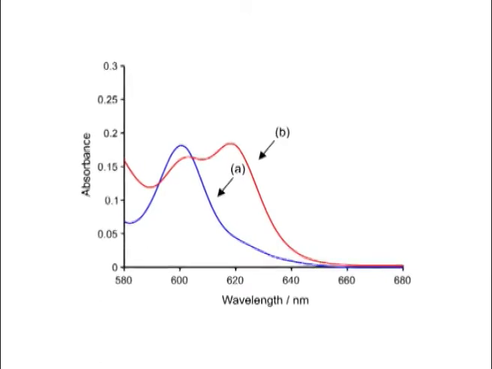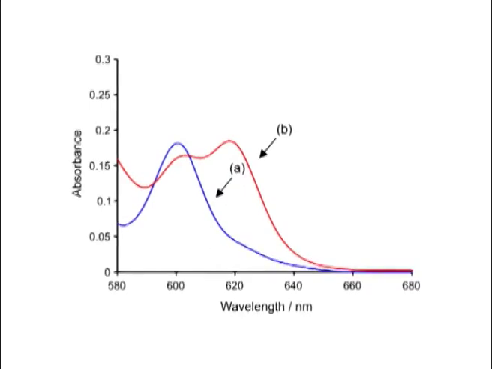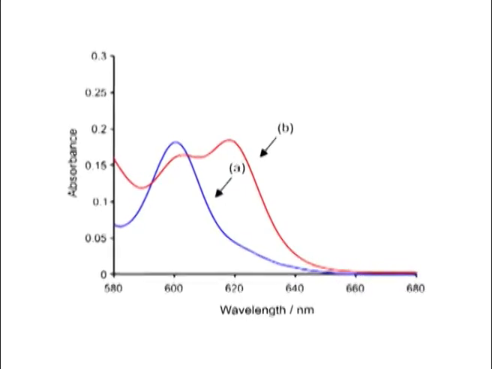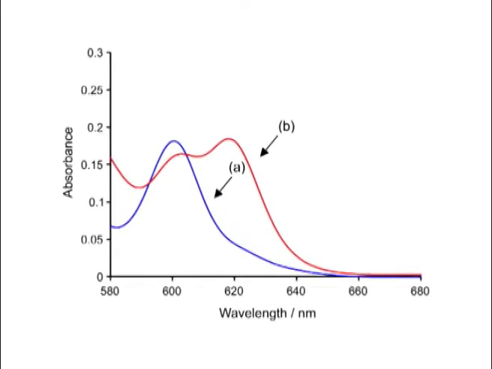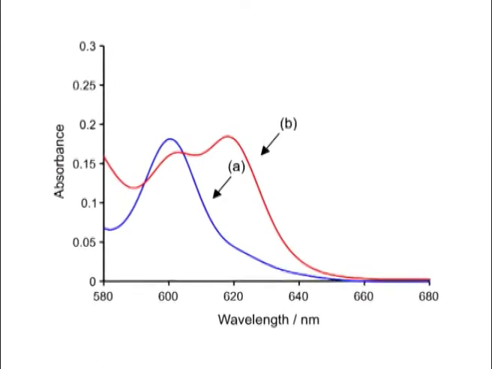Often but not always, the reverse, that is red shift, is seen for pi to pi star transitions. This is caused by attractive polarization forces between the solvent and the absorber, which lower the energy levels of both the excited and unexcited states.